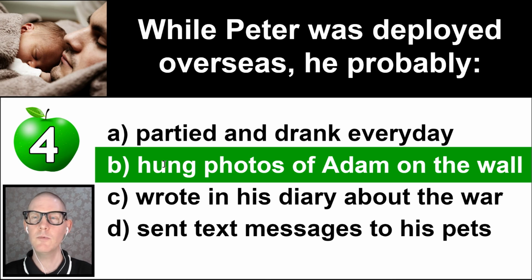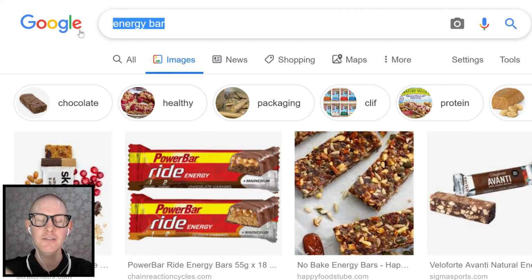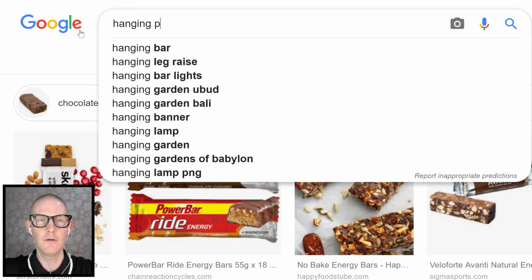And so when we say hung photos, let's see if we can find a picture of someone hanging photos. So hung is past tense, hang is present tense. In the present progressive, we could say hanging photos.